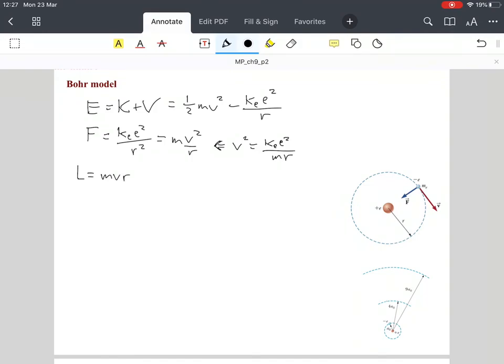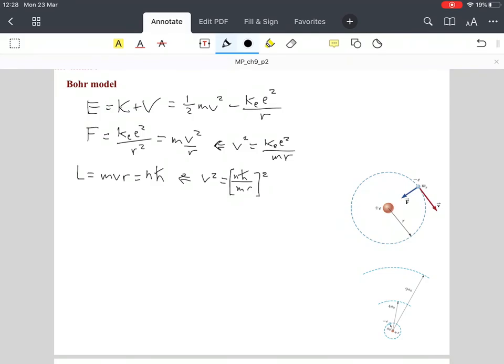L was mv times r, which was then equal to n h bar. Now if we solve for v in this angular momentum relationship, and again, v squared is more useful, we get v squared is equal to n h bar over mr, and we have to square that whole thing.